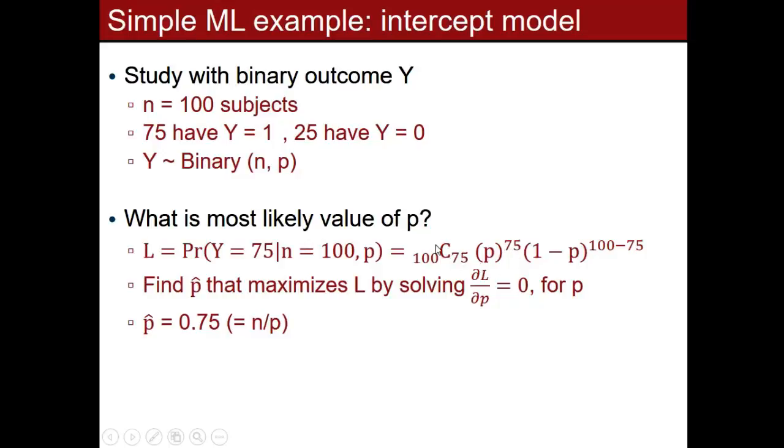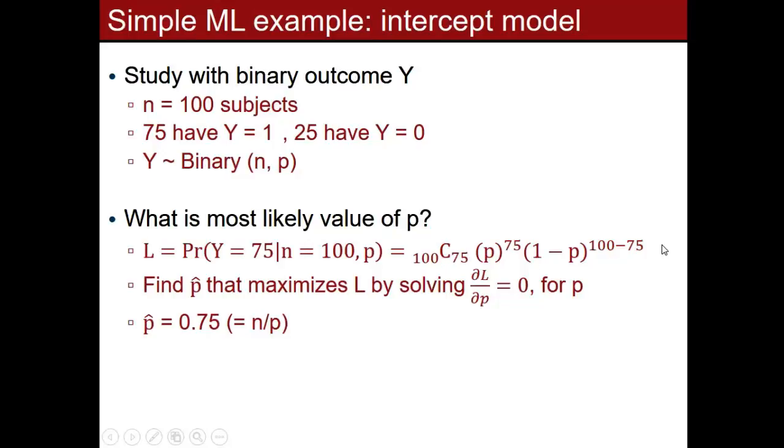If you maximize this function, which in calculus terms means setting the first derivative equal to 0 and solving for p, what you would come up with is 0.75. It would just emerge from this analysis. If I set this binomial up this way and solve for p, it comes out that p equals 0.75 because you saw 75 events out of 100.